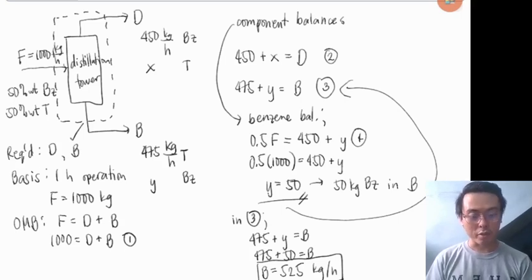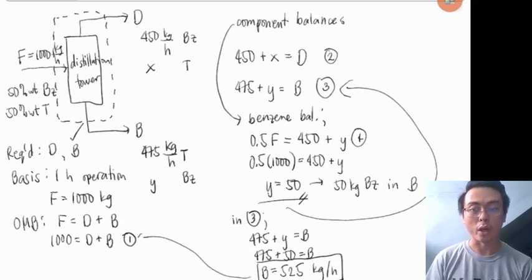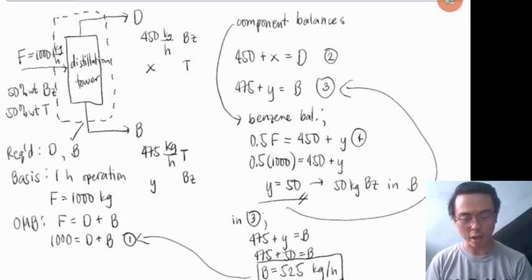So what can you do after this? In what equation can you substitute B? You have two choices. You cannot use equation number 2 because we don't have a value of X in the meantime. So what we can do here is substitute the value of B in equation 1, and it's just simple subtraction.